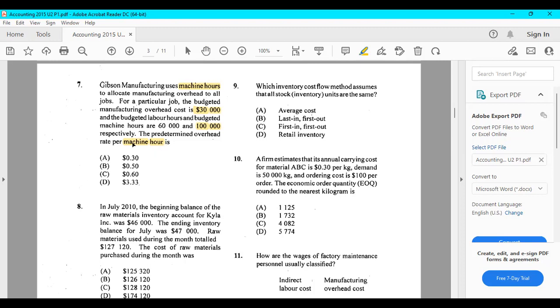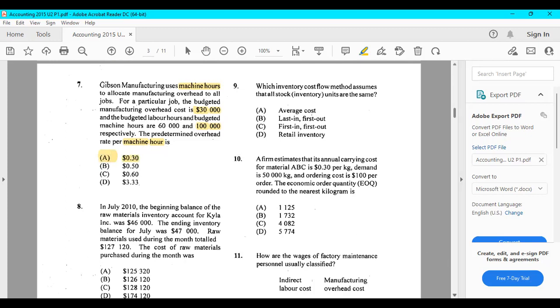In this case, our activity level is machine hours and our total estimated budgeted overhead cost is $30,000. So it'd be $30,000 divided by the 100,000, which is 30 cents, and that's E. So it would be 30 cents per machine hour. That's our predetermined overhead rate.